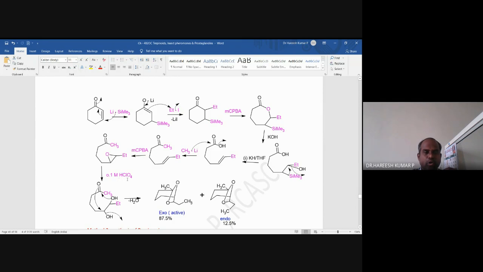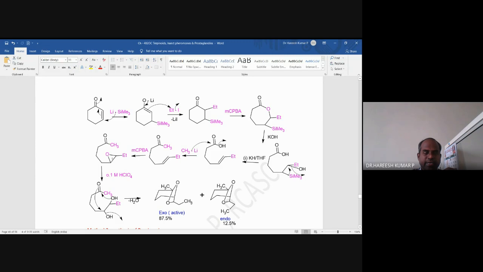The obtained epoxide is treated with 0.1 molar perchloric acid, more particularly perchlorate. What will happen here?